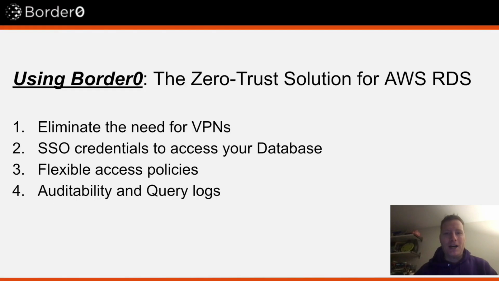In this demo, we saw how Border Zero makes it really easy to manage and provide access to databases, even if your database sits in a private network, such as a private VPC. We saw how it's really easy for end users, such as engineers and database administrators, to discover what databases they have access to and to connect to these databases using the tools they already use, so their existing workflow. And they can just use their existing SSO, single sign-on credentials.